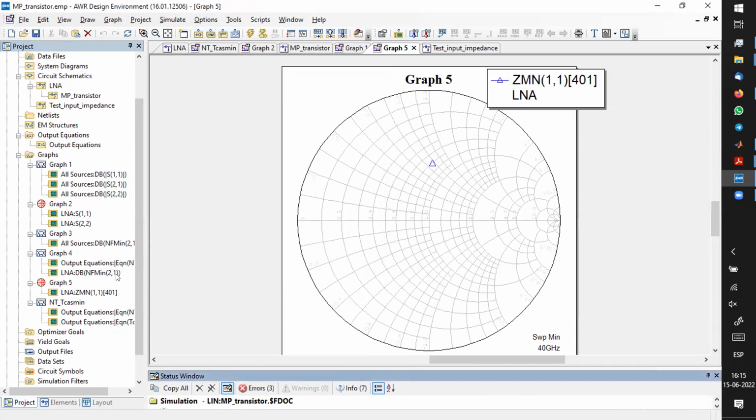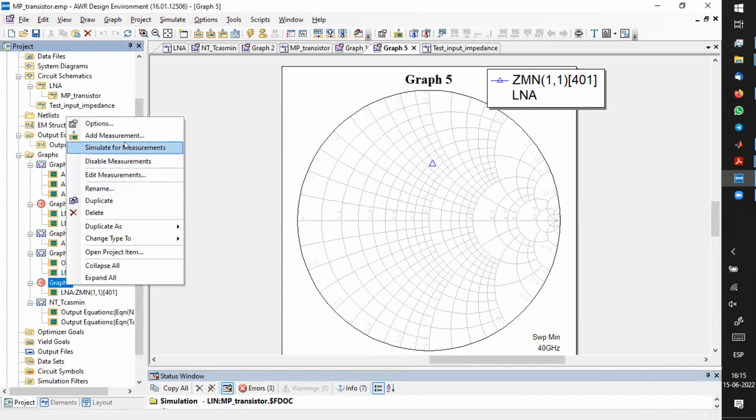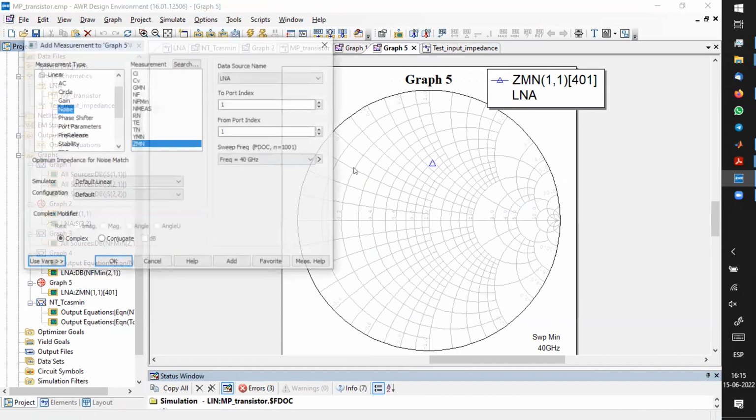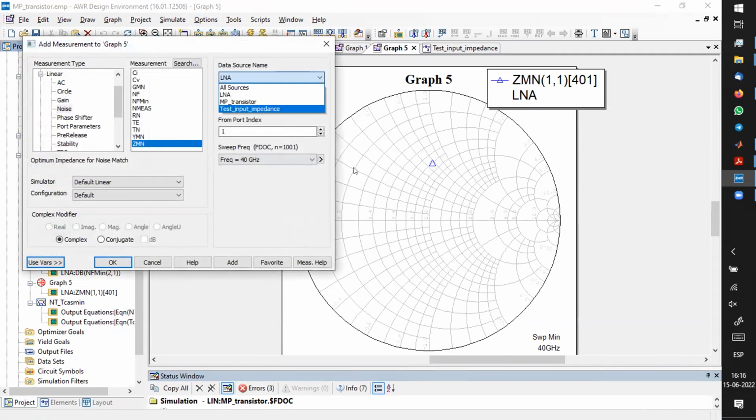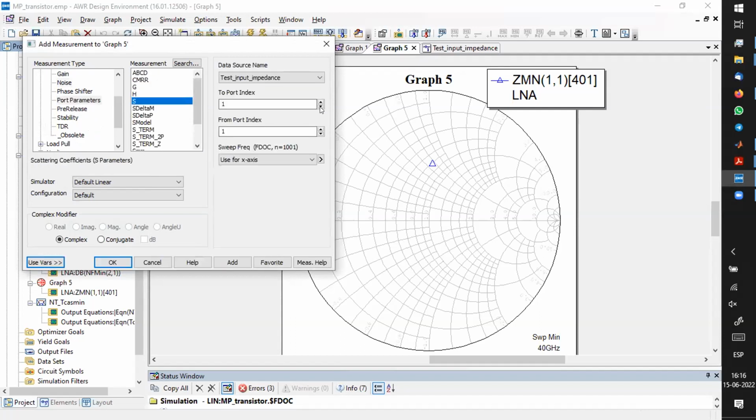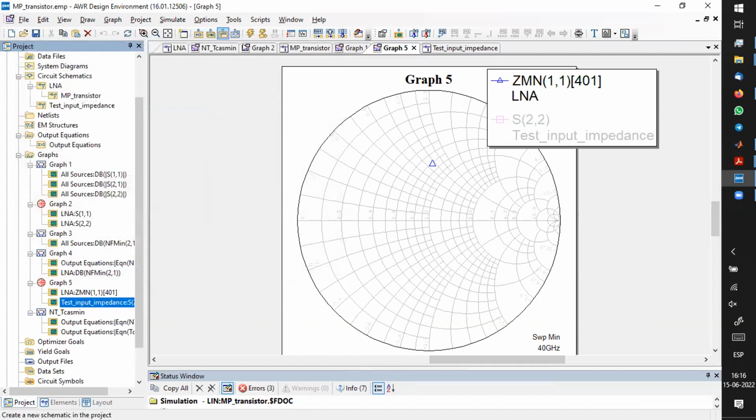Yeah. And S22. Actually we don't have any line between. I'm not sure if this will work.